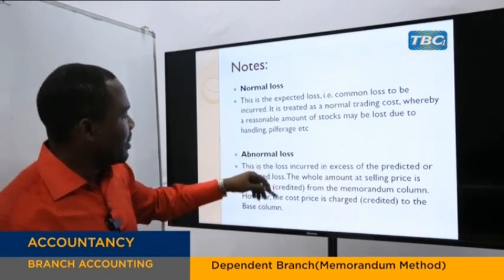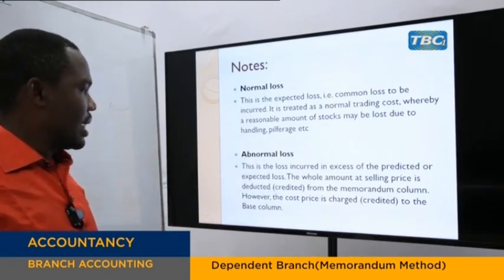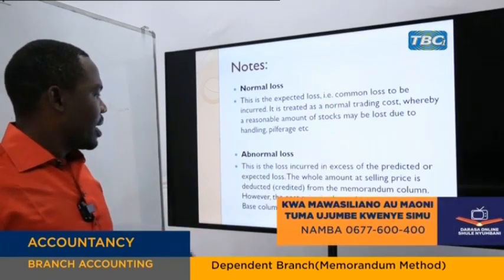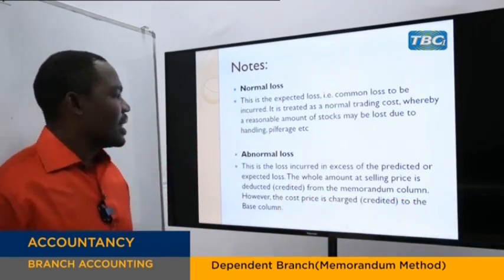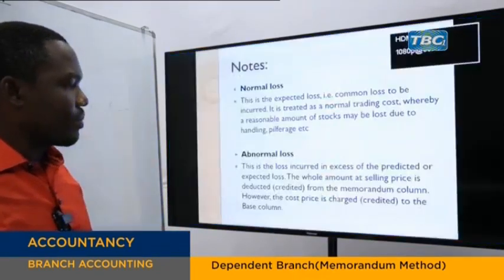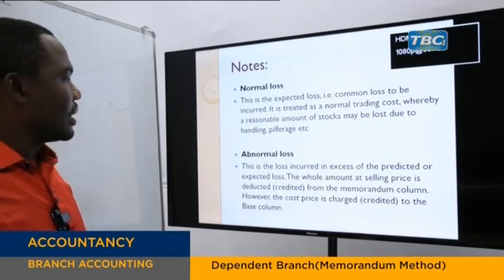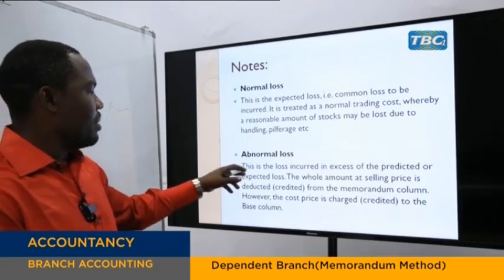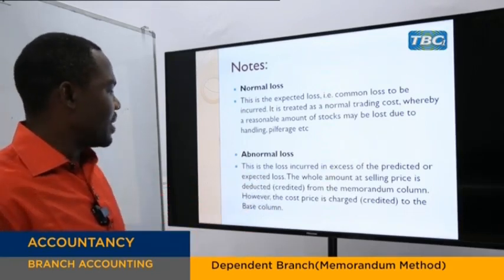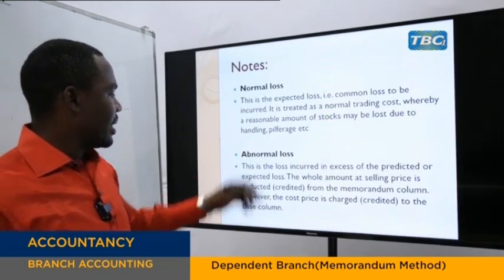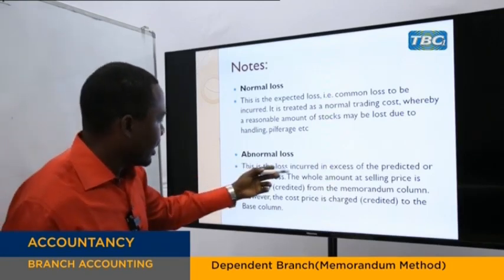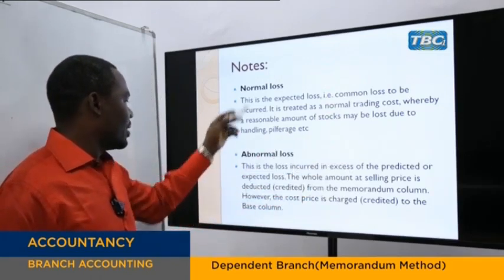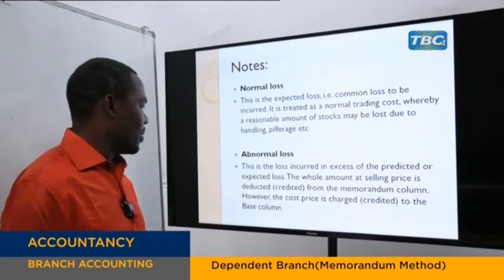Abnormal loss is a loss beyond the normal loss. This normally occurs if the loss is beyond the expected, or sometimes the question will tell you that there was an abnormal loss. Maybe it could be an issue related to theft, etc. So if the loss is beyond the expected loss, that is the normal loss, it will be termed abnormal loss.